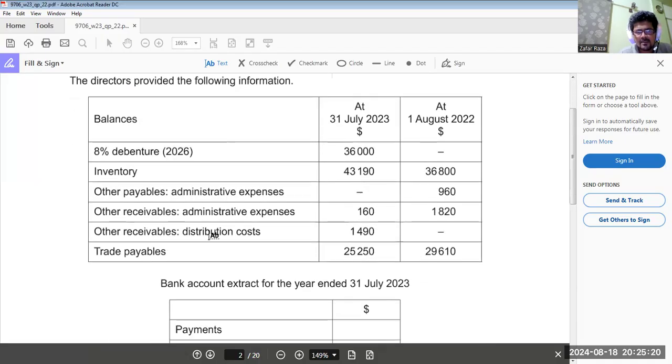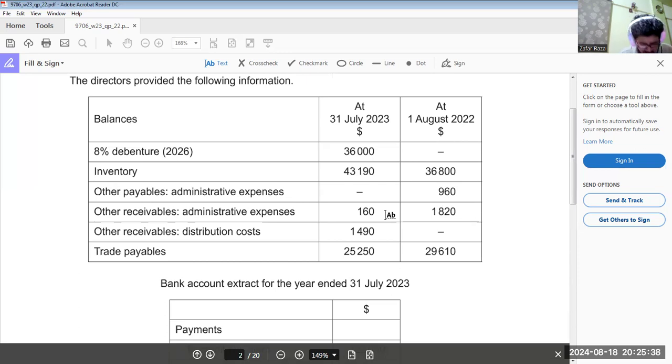Then the administrative expense receivable at the start of the year, 1,820, is going to be added, and the receivable at the end of the year, 160, is going to be deducted.